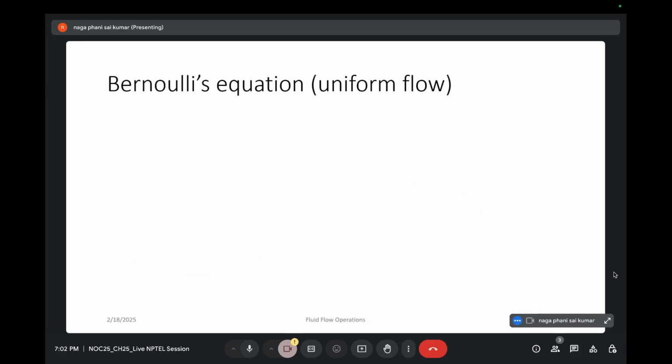Okay. So let's take a streamline element, which is nothing but an element which follows the direction of fluid velocity. Let's say it is flowing with the velocity v.